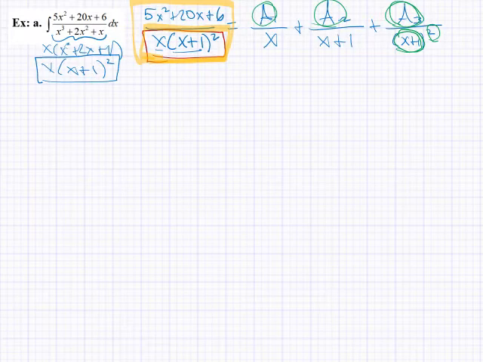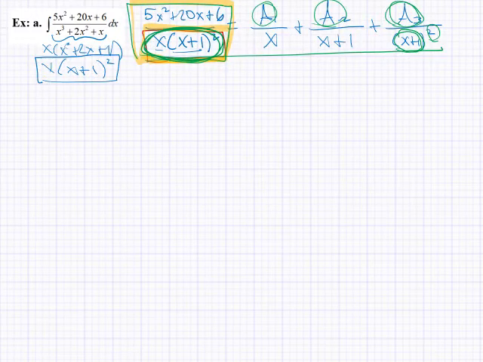And so what we're going to do is clear the fractions out of this equation first. Basically multiply everything through by this common denominator. So if we multiply the left side by that common denominator, we would just get 5x squared plus 20x plus 6, because it would cancel the denominator.